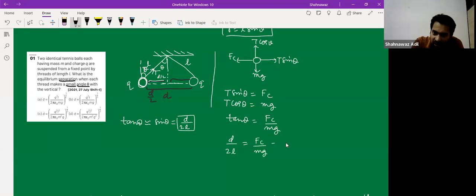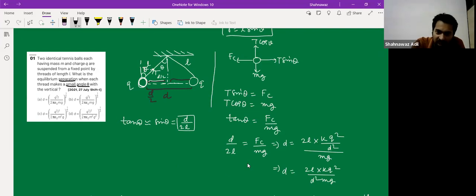So d would be how much? This would be 2l, Fc is how much? Kq square by d square, by mg. So d would be 2l kq square by d square and mg.